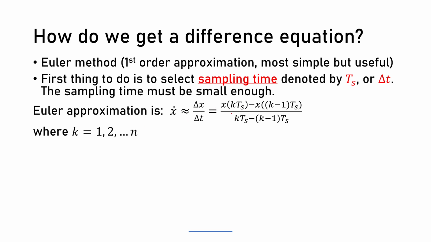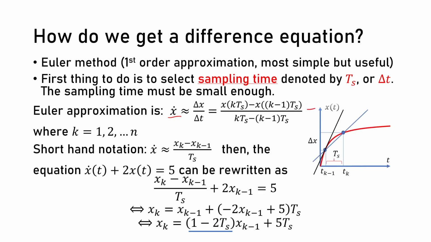Okay, approximate the time derivative by this term. So the derivative, which is the tangent line here, the black one, is approximated by the blue line here. So you need to know the current value at k and the previous value at k-1.